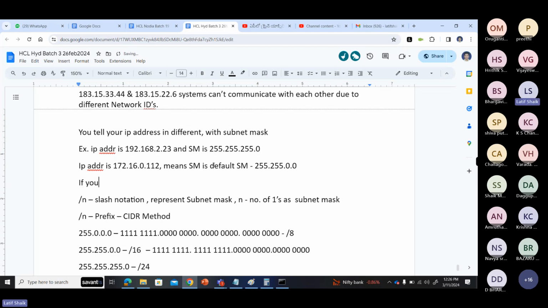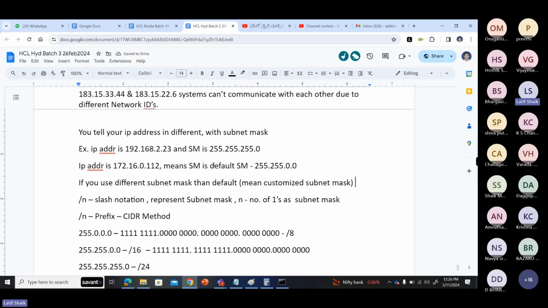If you use a different subnet mask than the default, it means a customized subnet mask.